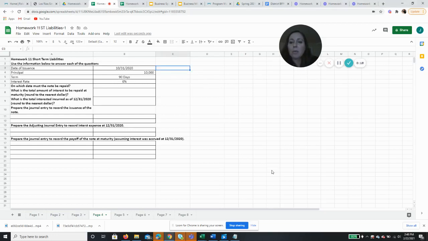All right, so we issued the note on October 31st, so we're not including any days in October. In November, there's going to be 30 days, so the note will have been outstanding for 30 days at the end of November. In December, there's 31 days, so the note will be outstanding for 61 days at the end of December.